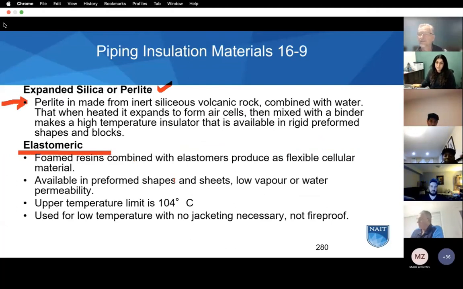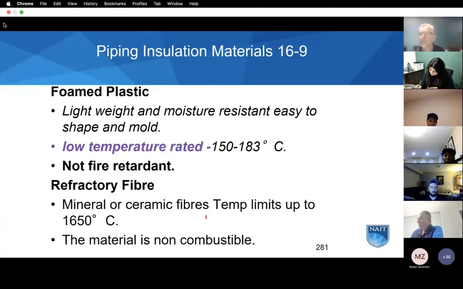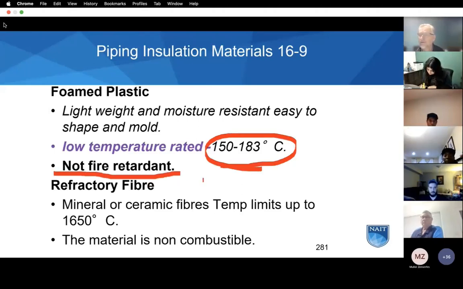These are plastic insulations. Notice it's not for high temperatures. So here's other plastics, 150 to 183, not necessarily fire retardant. If we're insulating inside of a furnace or firebox, we're going to use refractory type insulation.